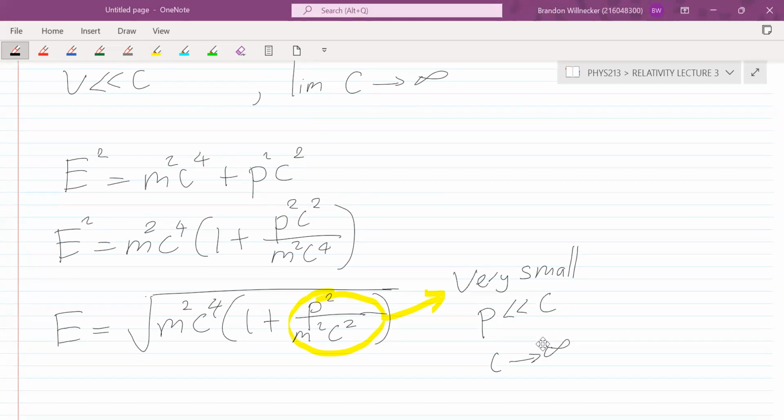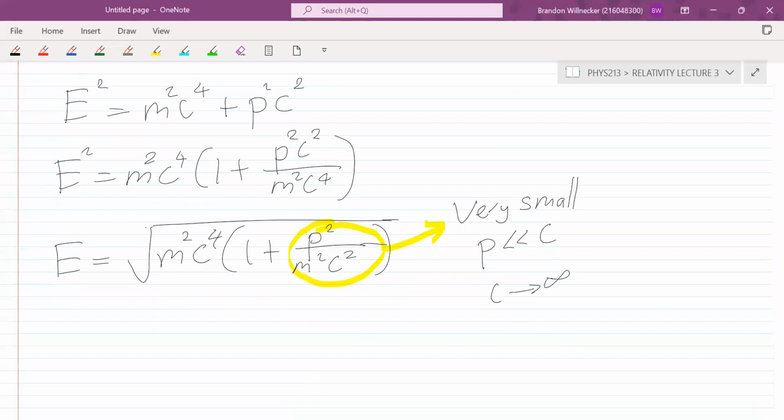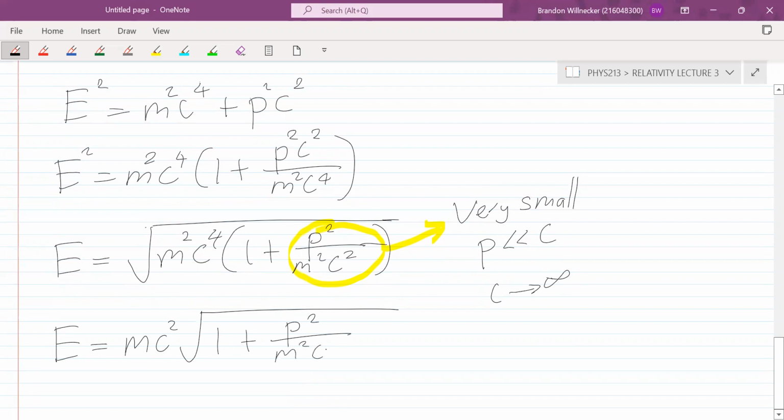Either way, that term is very small. So what we're going to do now is take the square root. So we have E is equal to mc squared, and then the square root of 1 plus p squared over m squared c squared.